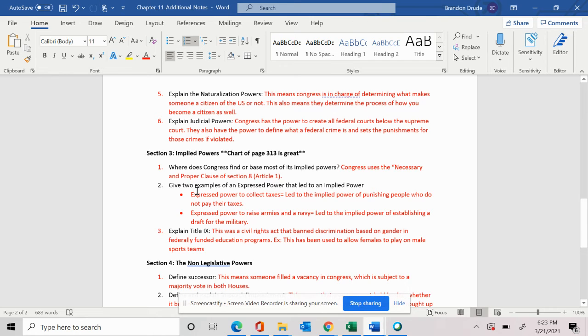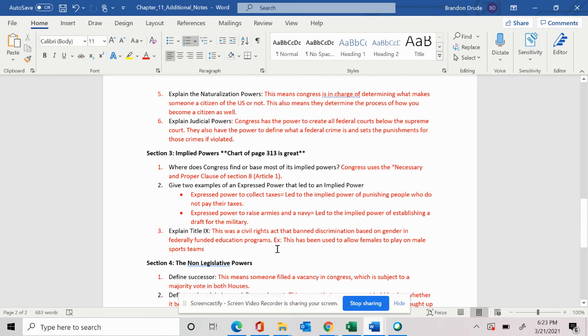Now, what is Title IX? In short, this is a part of the Civil Rights Act that bans discrimination based on gender. So if you're federally funded, like in education, you cannot create rules or policies that discriminate based off your gender.